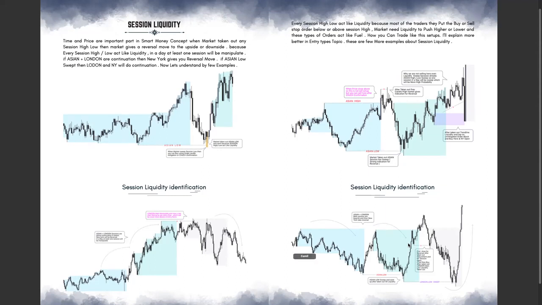Which indicator do you use to identify a session? There are different indicators, but I'm going to show you exactly which one you can use. Okay, first one.